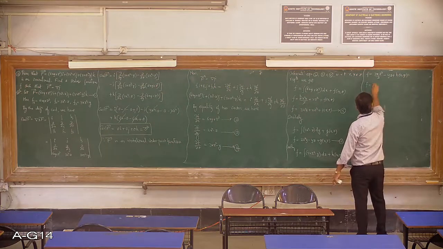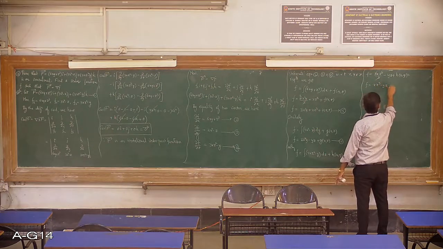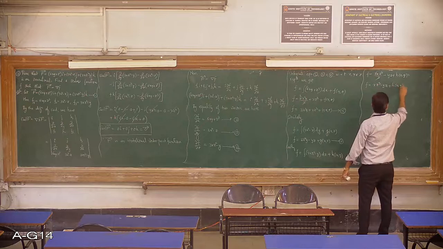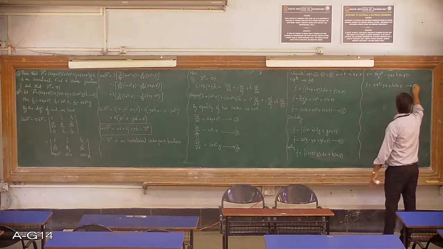So the 3s cancel, f is equal to x z cube minus yz plus h of x comma y, and call it equation number 7.